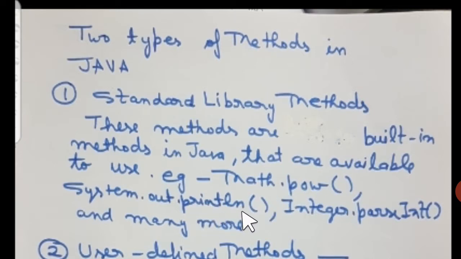Then the println function, which is there in the System.out.println statement for printing. Then the parseInt function, that is called using the Integer wrapper class, and there are many more. These are the functions which are already there with Java. So Java has provided us.